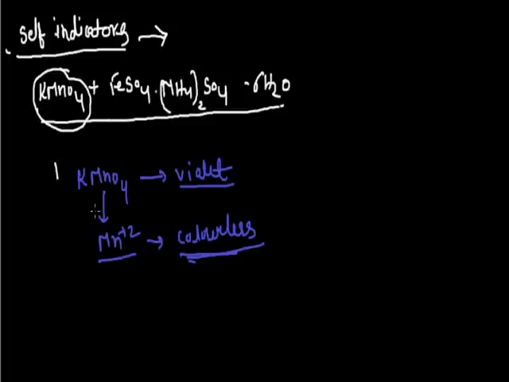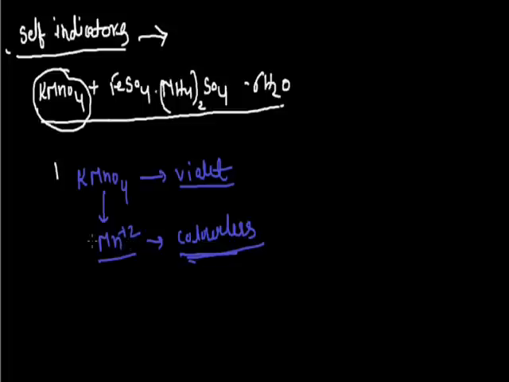So when the equivalence point comes, the whole KMnO4 has reacted with ferrous ammonium sulfate and converted into Mn2+, which is colorless, so the solution becomes decolorized.